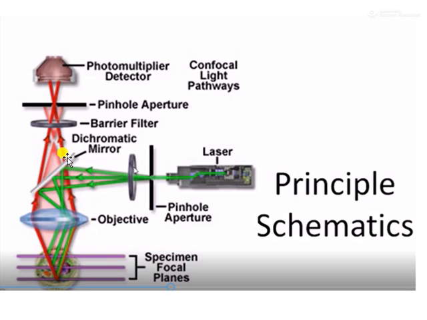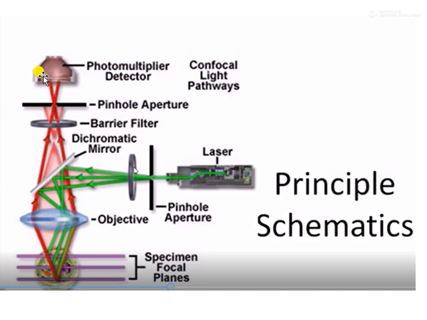It moves across the dichromatic mirror, and then there is a barrier filter, and at the same time there is a pinhole aperture as mentioned earlier, and this pinhole aperture will allow only the light from one plane of focus to enter the photomultiplier detector.